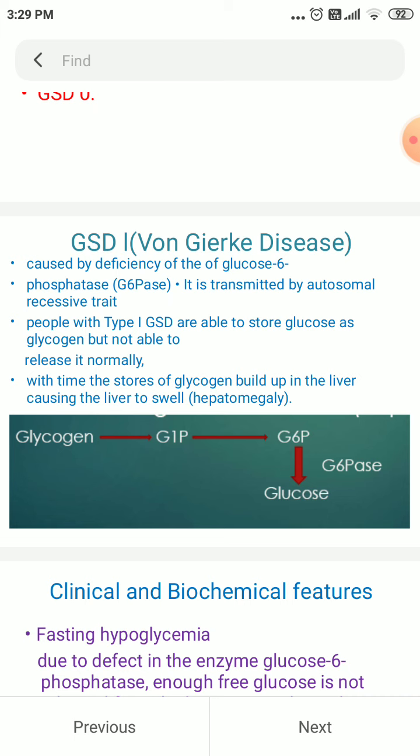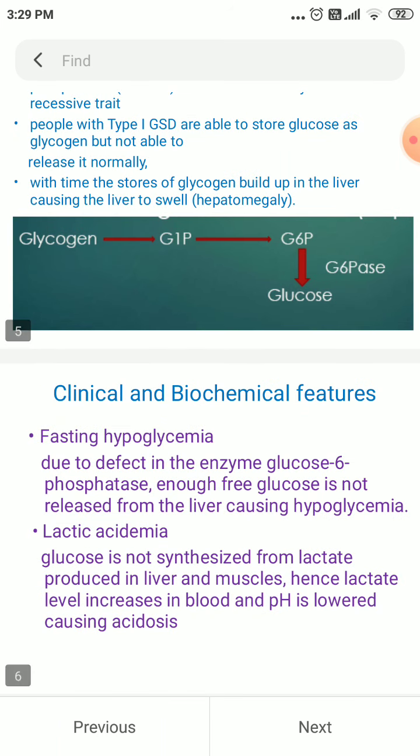Now some clinical and biochemical manifestations of von Gierke's disease. You can make out fasting hypoglycemia, due to the defect in the enzyme glucose 6-phosphatase, where enough free glucose is not released from the liver normally.